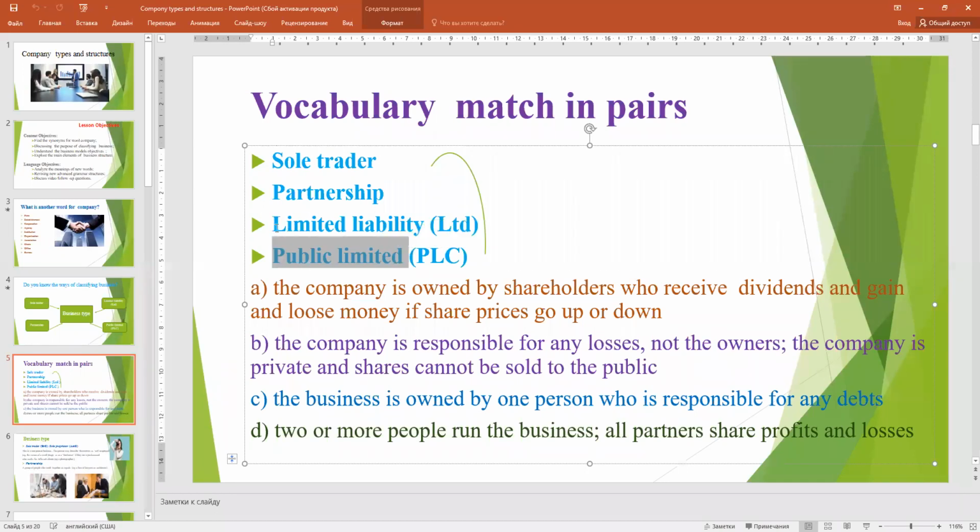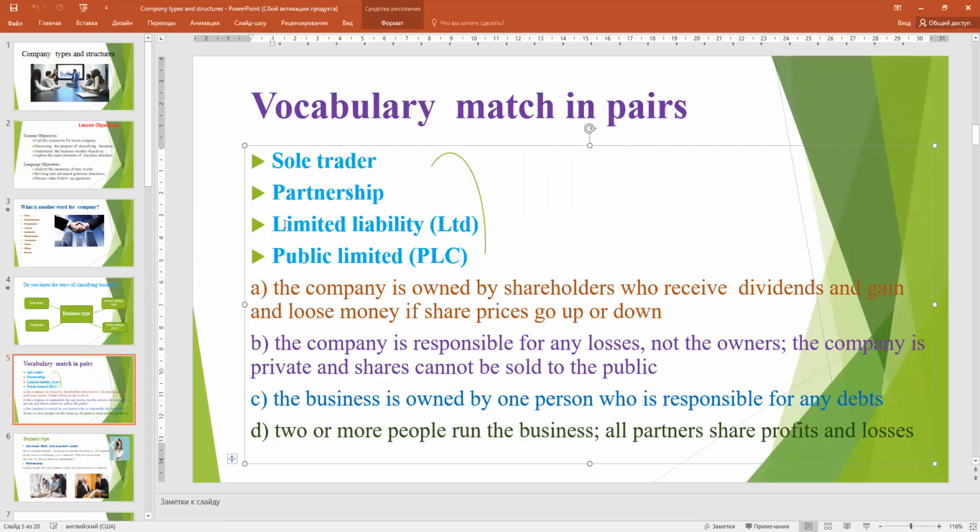And the final one, public limited. You know, limited liability means the company is responsible for any losses, not the owners, and the company is private. That is why it's not public limited.